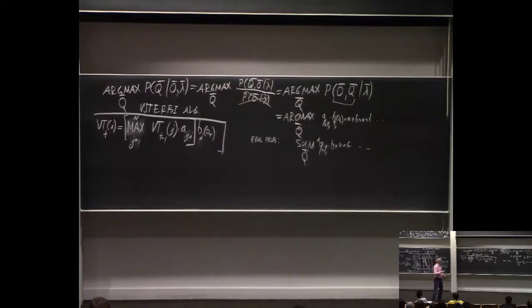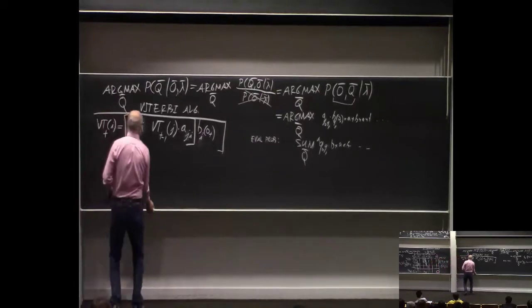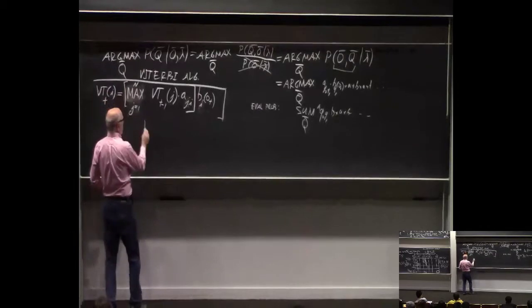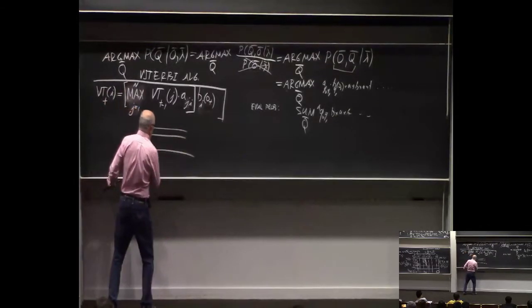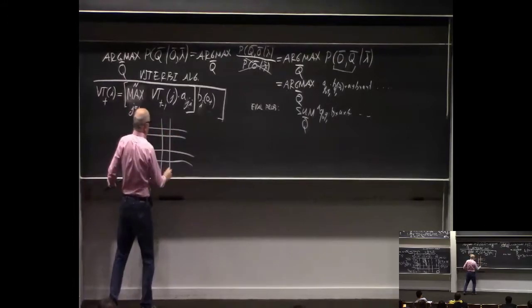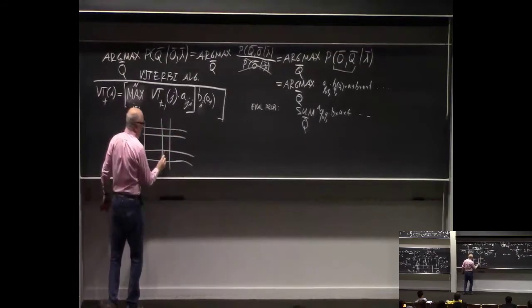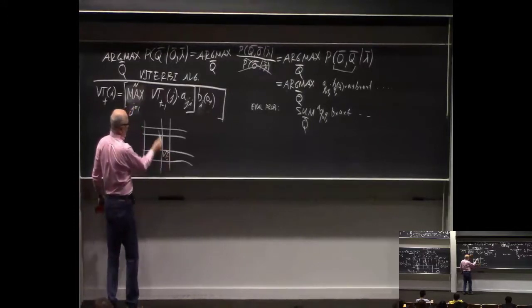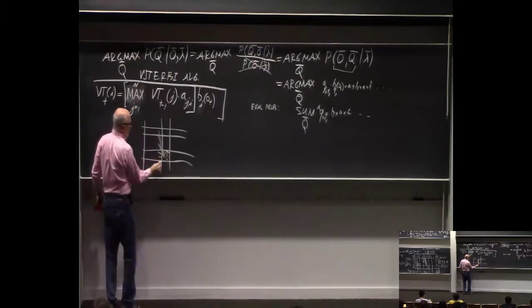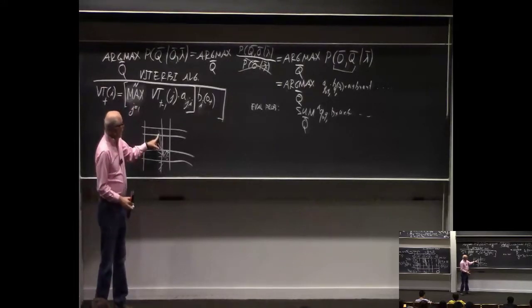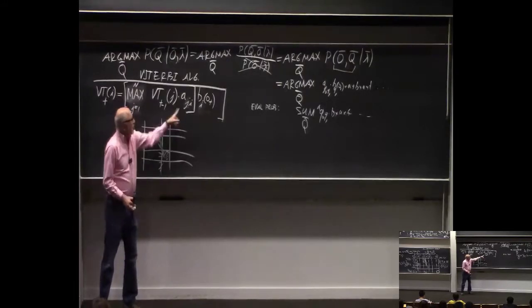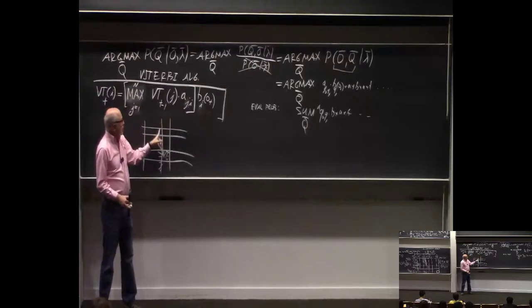So, one second, when we fill the Viterbi table, let me draw it here. When we fill the Viterbi point here, state i, and we consider all the j's we could come from, we find the maximum of all of these things going over j.